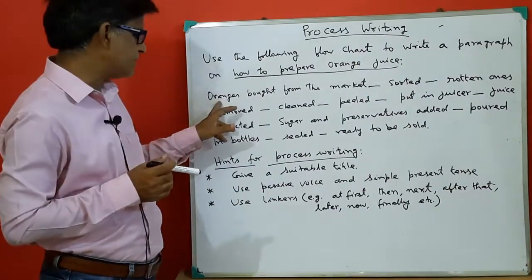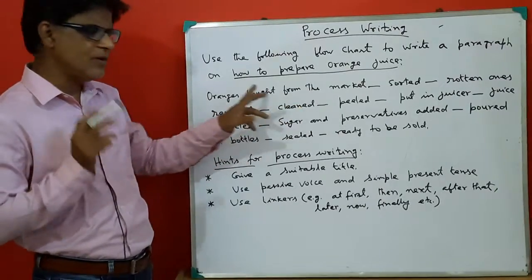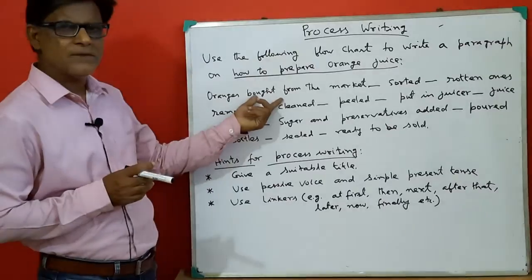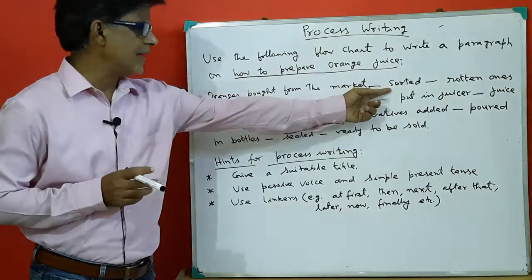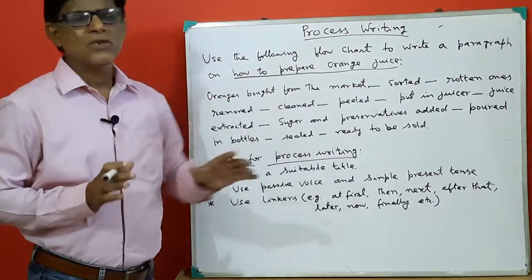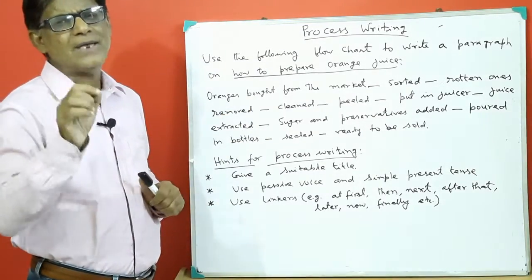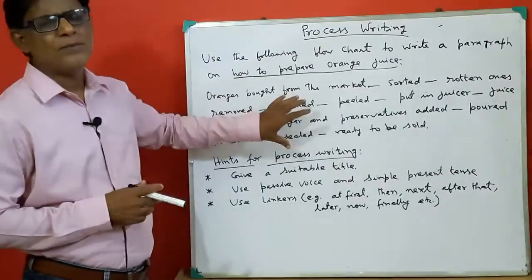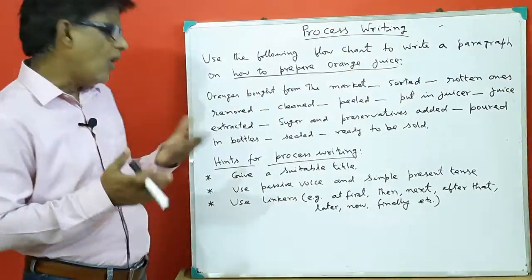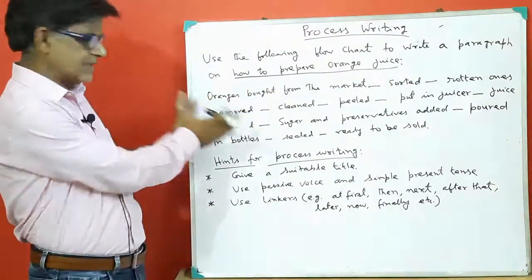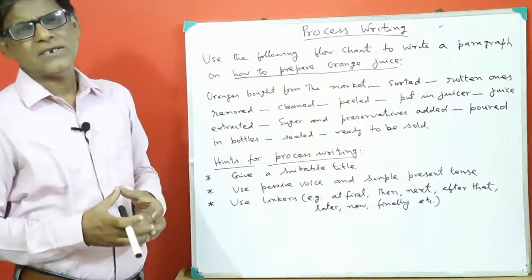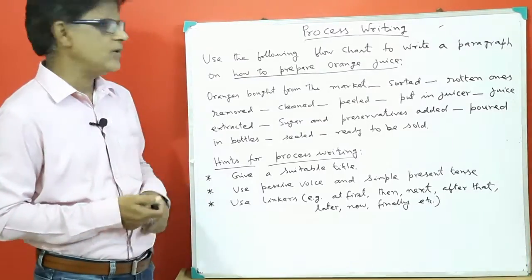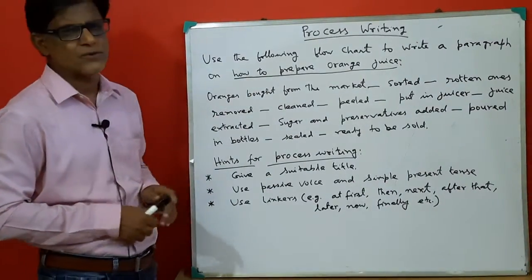You can write one sentence on this point, and one sentence on this point. So on each point you have to write one sentence. So you will have a maximum of 11 or 9 to 12 sentences, and when all these sentences are grouped, they become a paragraph, and that paragraph will be on how to prepare orange juice.